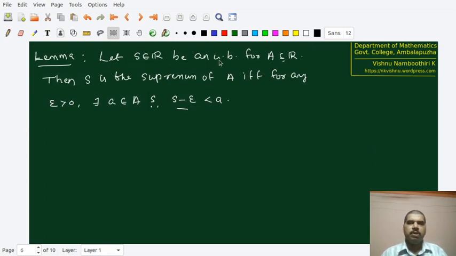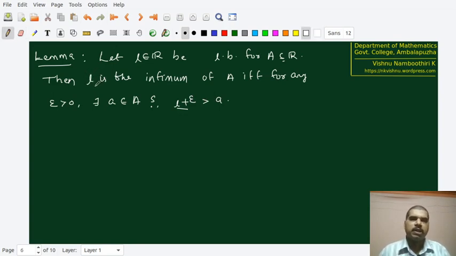S belongs to R, be a lower bound for A. Instead of supremum, we will make it infimum of A if and only if for every epsilon greater than 0 there exists A such that, instead of S, we will take L plus epsilon greater than A.